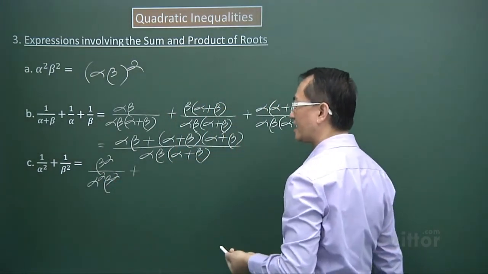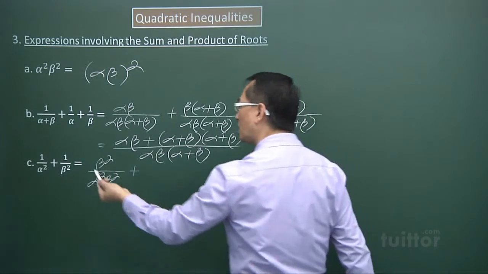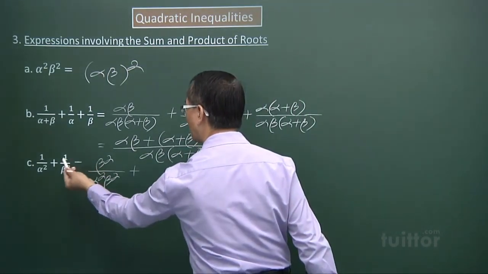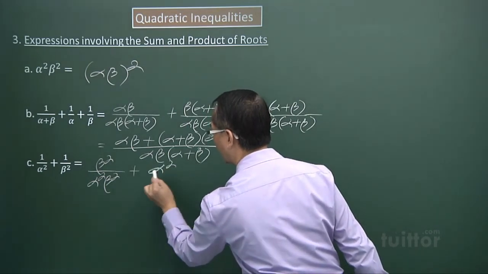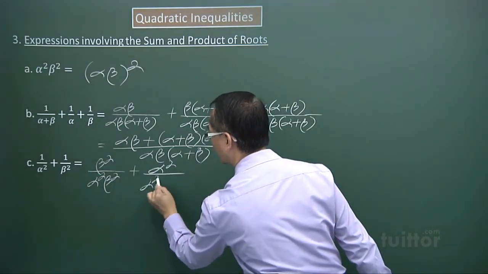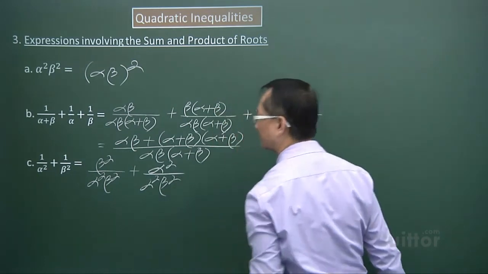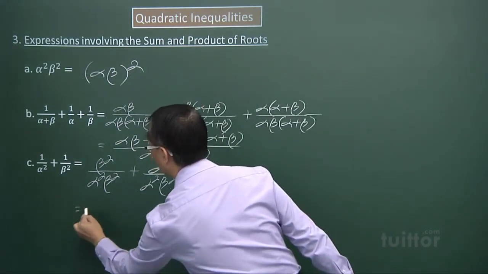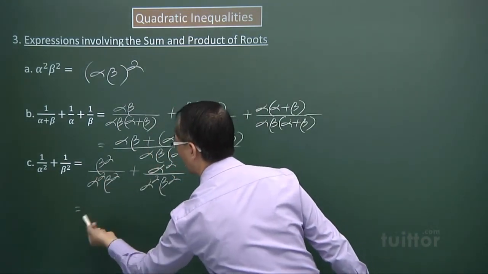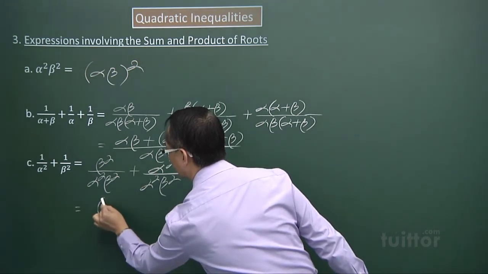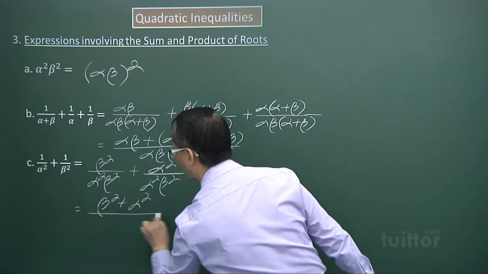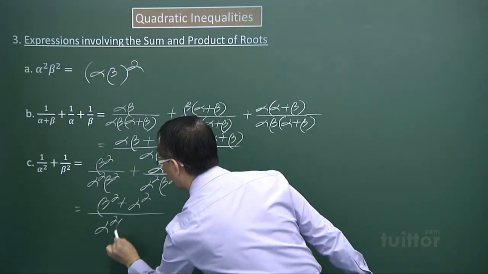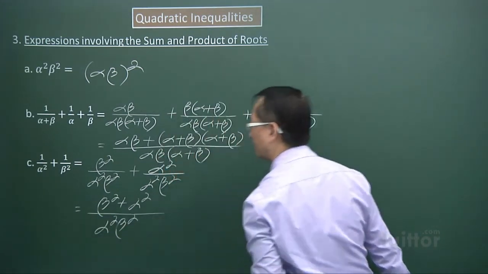Plus, for the second fraction, I will multiply to the numerator and denominator alpha squared. So I have alpha squared over alpha squared times beta squared. To combine the two, I will have beta squared plus alpha squared over alpha squared times beta squared.